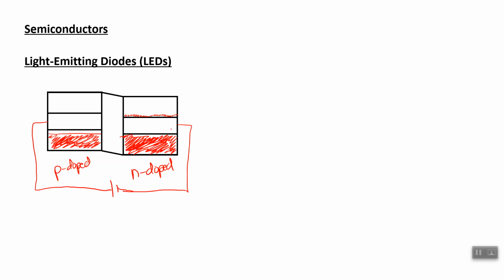But we apply a voltage across this thing, and what this does is the applied voltage gives those electrons in the conduction band energy and pushes electrons into the junction between them. Oh, I've lost my cursor here, hang on. Into the junction.